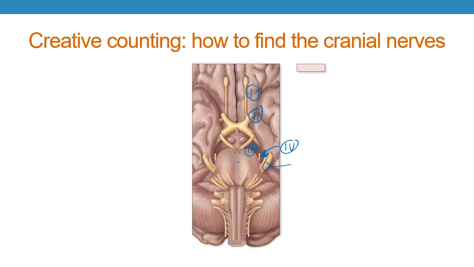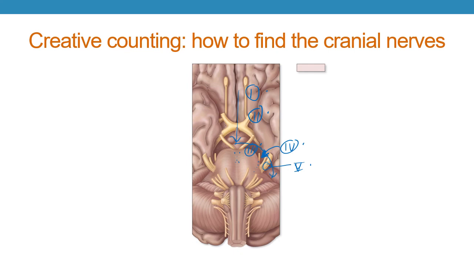Cranial nerve 5 sits to the side of the pons, and so far we have this kind of counting of 1, 2, 3, 4, 5, going down the midline of the brain and then around the pons.